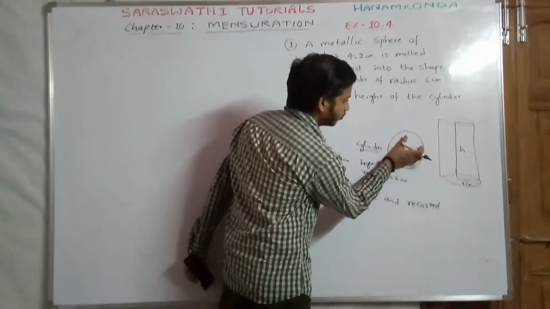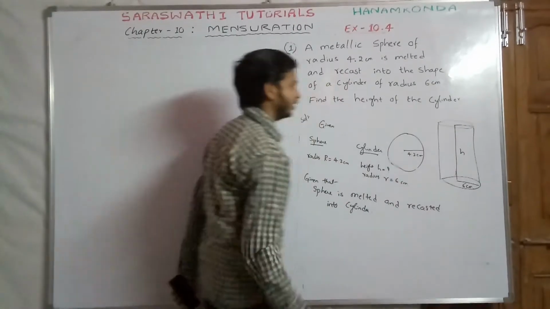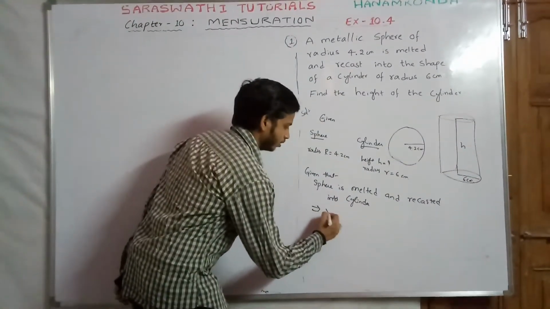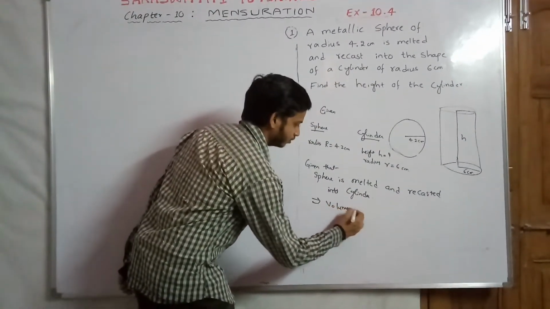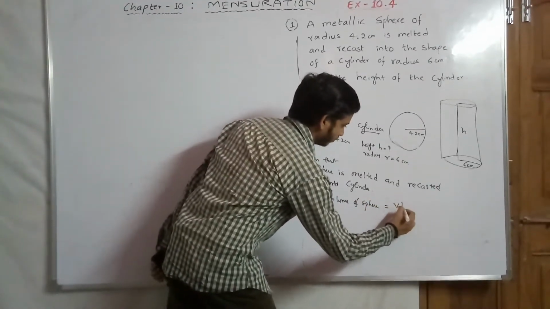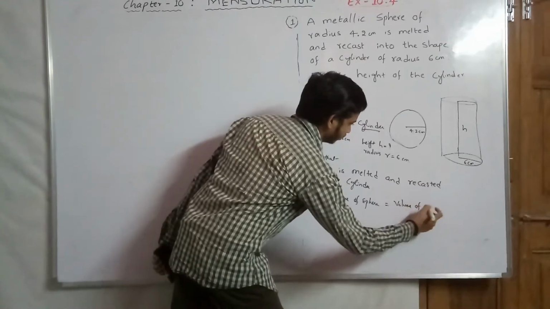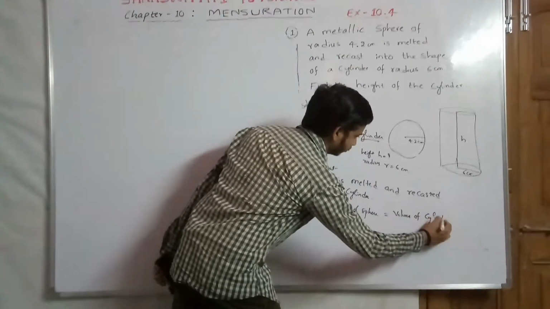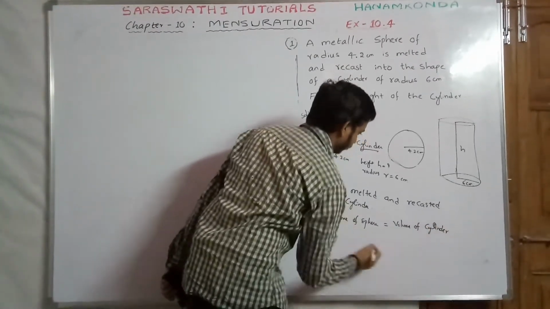That means the volume of the sphere must be equal to the volume of the cylinder. It implies that volume of sphere equals volume of cylinder.